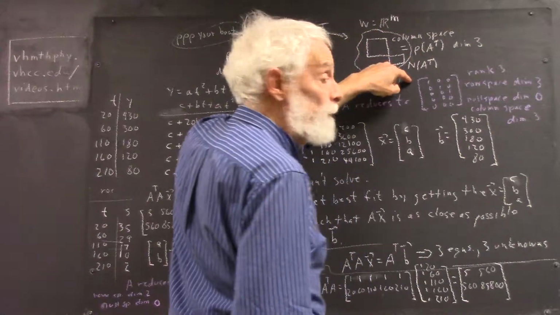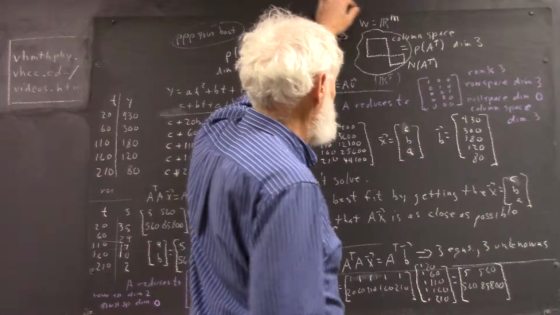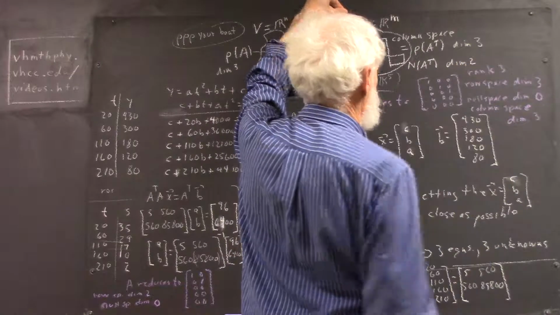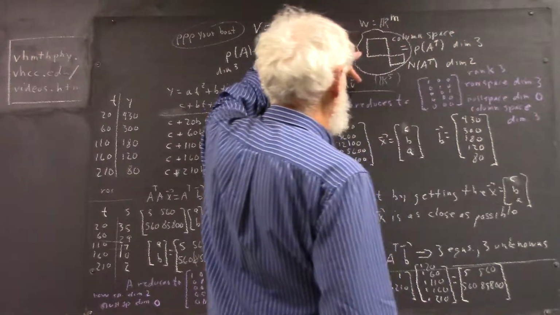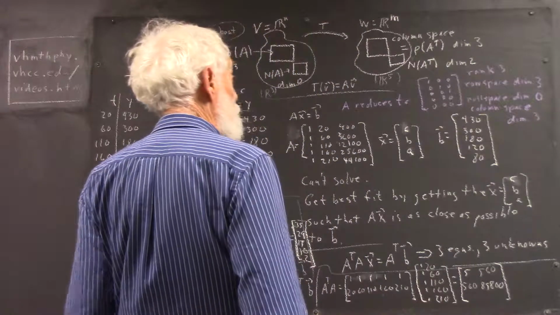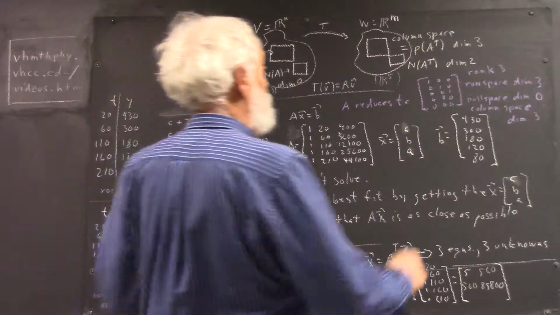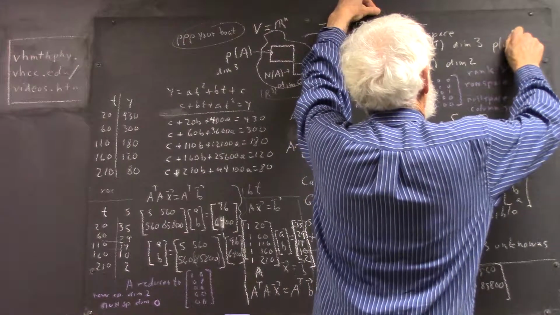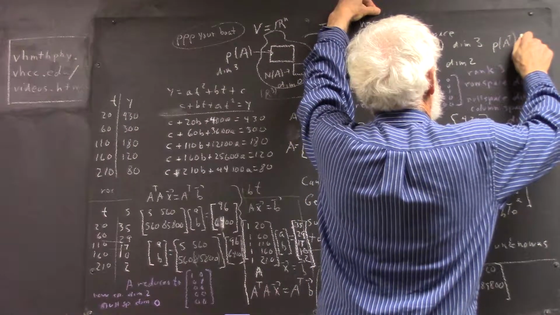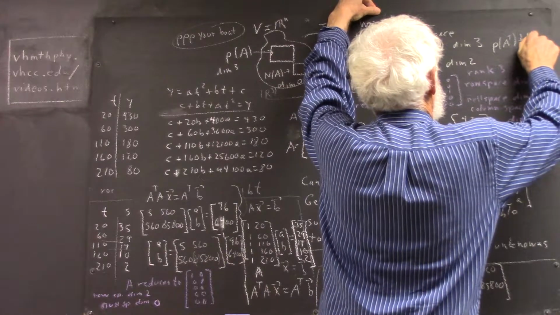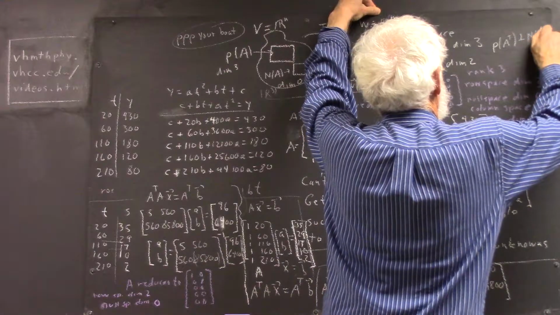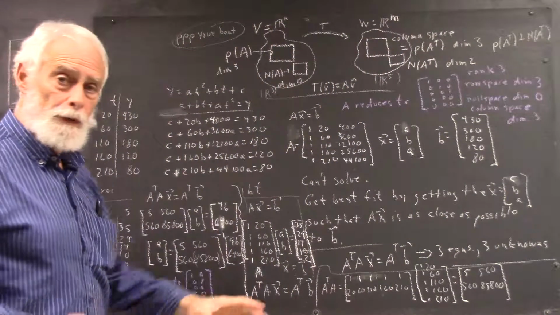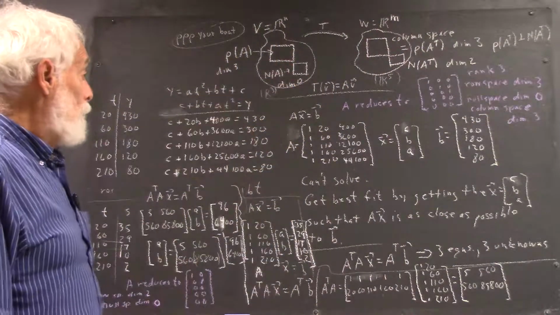Their dimensions have to add up to the dimension of the space, so this has to have dimension 2, because 3 and 2 gives you 5. The dimension of the whole space is 5. And also, the row space of any matrix is orthogonal to the null space of that matrix. These are very important properties, and they're properties that everybody in both courses should understand.